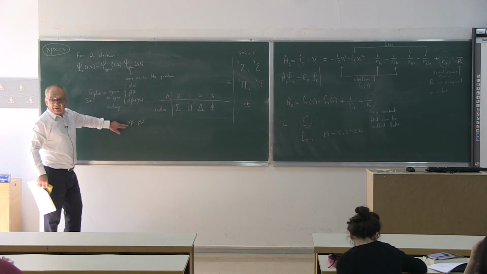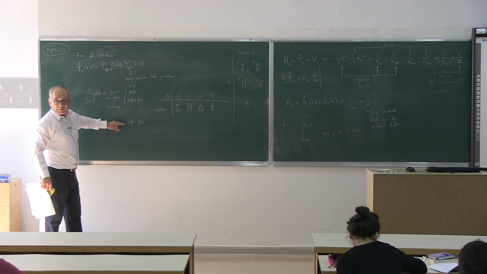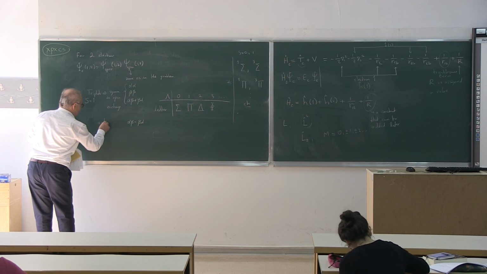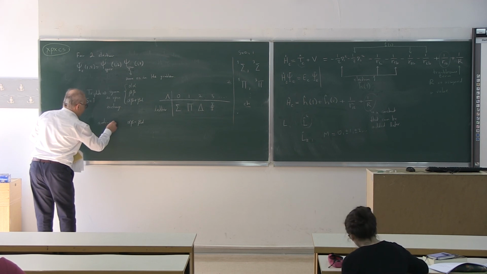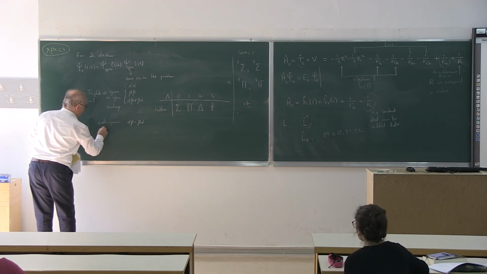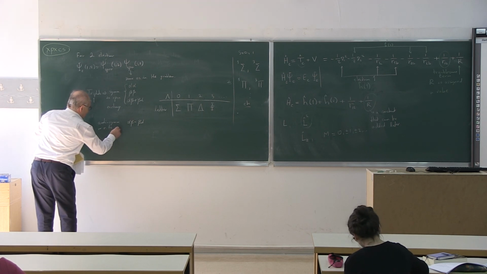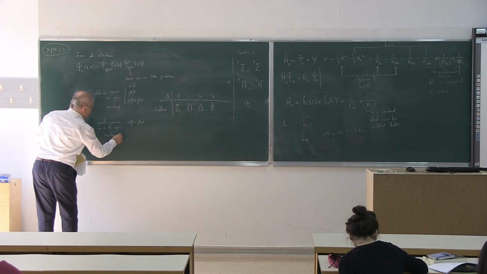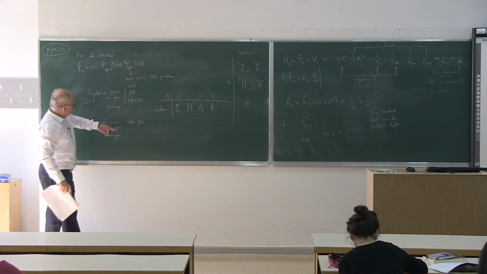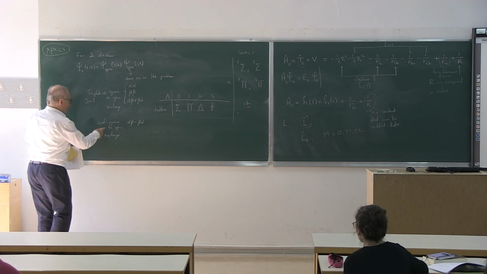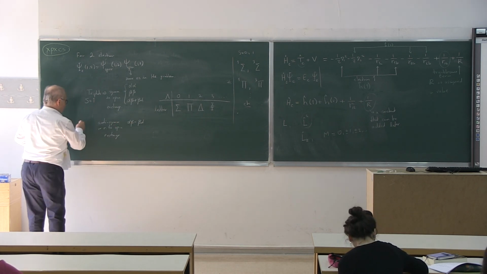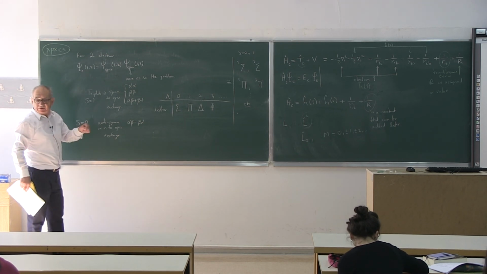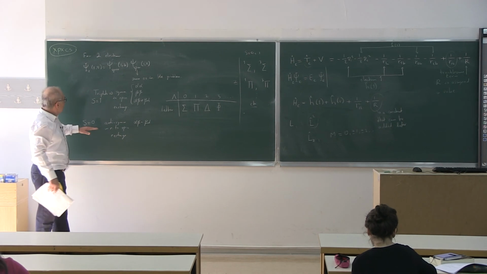This expression is antisymmetric with respect to spin exchange. This is, of course, for S equals 0. S equals 0 means 2S plus 1 is 1, singlet.